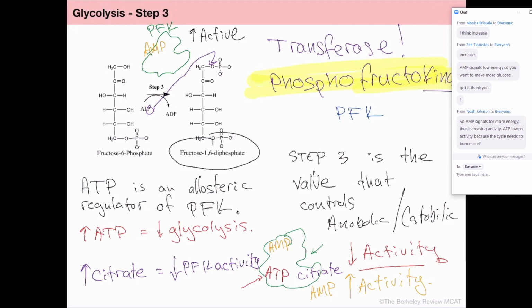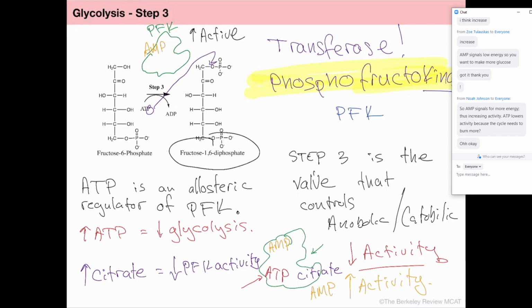No, because the cycle doesn't need to burn more. If we have a lot of ATP in the cell, that means there's a lot of energy, and we don't need any more. We want to store energy. To store energy, you take glucose and turn it into glycogen, a big long glucose chain stored in your liver.